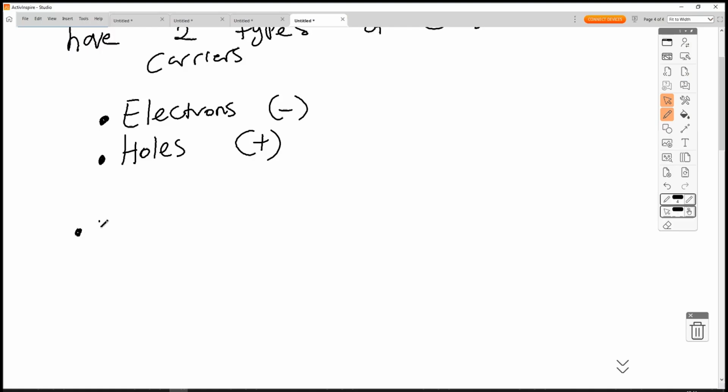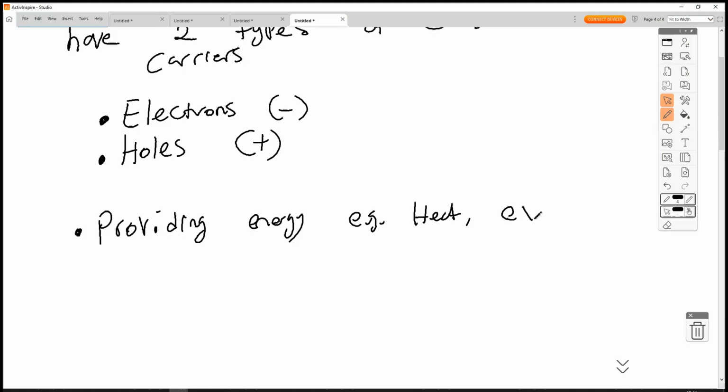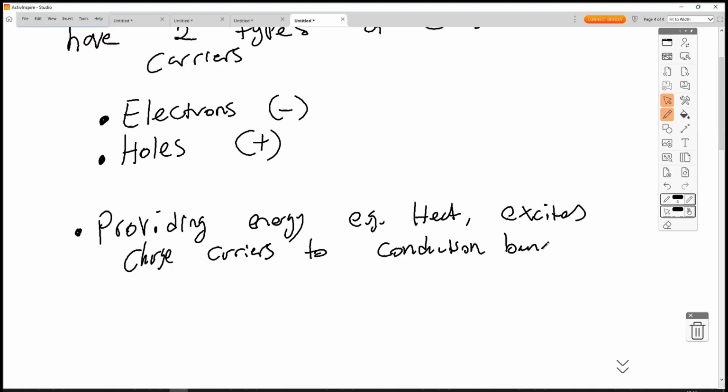So for semiconductors, providing energy, e.g. heat, excites charge carriers to the conduction band and decreases resistance.